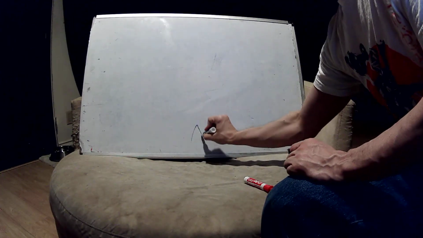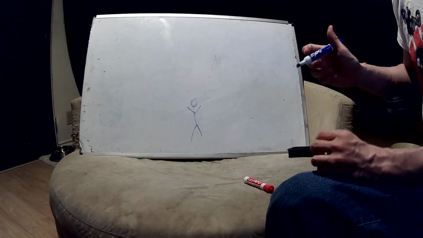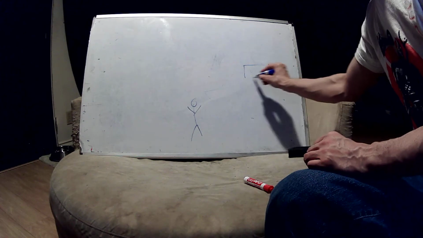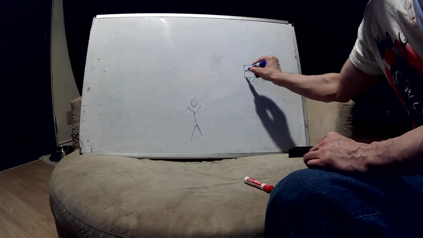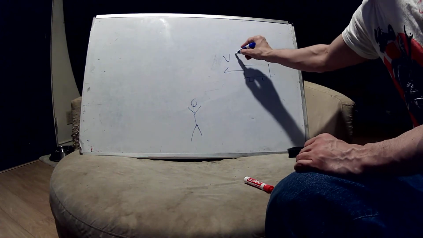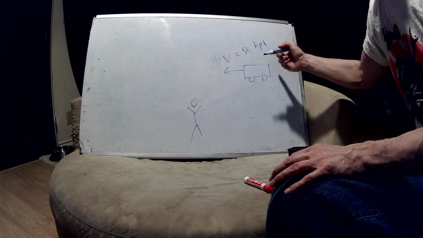Let's say you're standing here on the sidewalk. And here's my awesome drawing of a car. It looks like this car is traveling toward you with a velocity of 50 kilometers per hour.